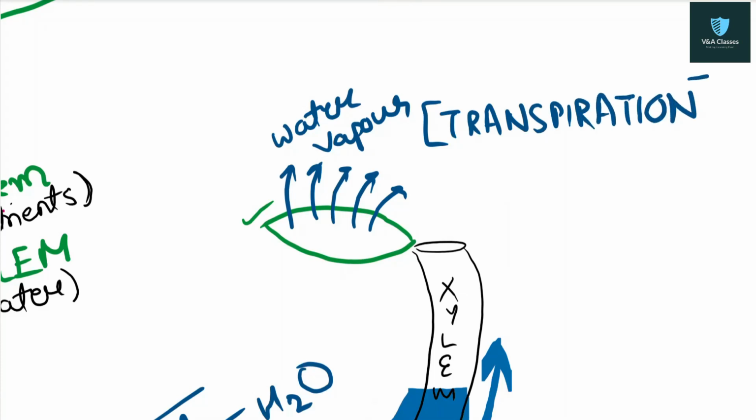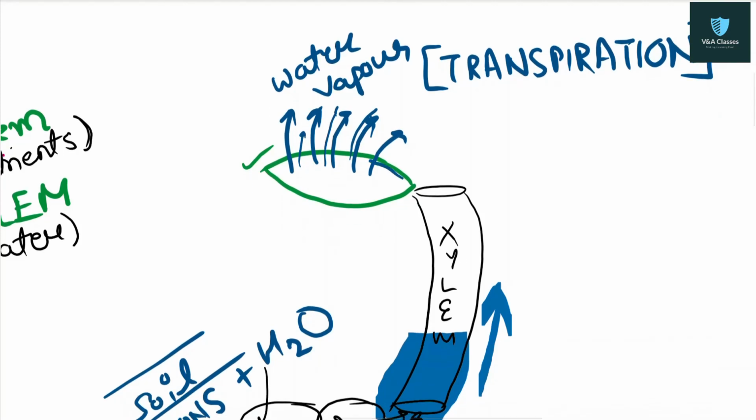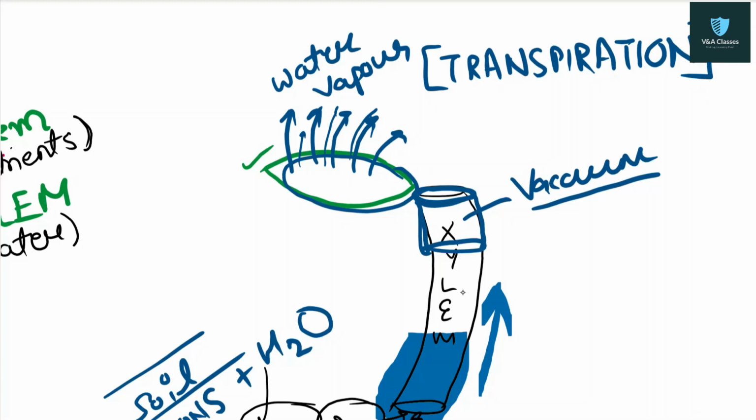Just like in humans we have perspiration, which means sweating, similarly the plants have transpiration. So because of this transpiration, all the water in the leaves will move out. So there will be no water left in the leaf. So what will happen, a vacuum will get created in the upper part of the xylem bundle.